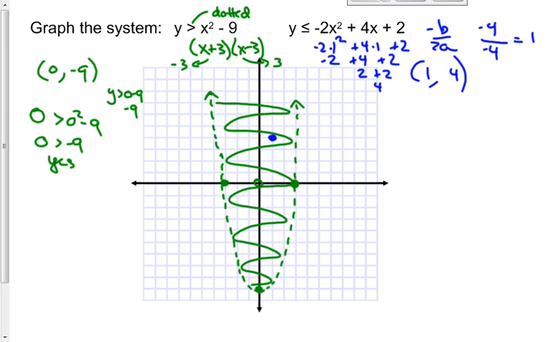For this one, I can use an intercept, a y-intercept of 2, that's my c value, 0, 2, y-intercept, right here. And then I'm going to use my projection. So we know that we've got a line of symmetry right there, axis of symmetry.